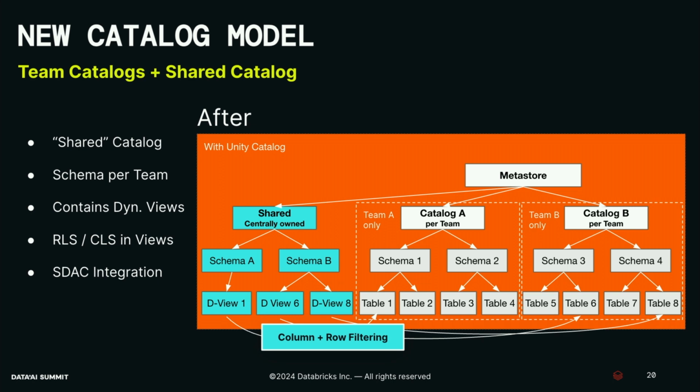So here, schema A corresponds to catalog A, and schema B corresponds to catalog B. And in these schemas, you have dynamic views for all the tables that are shared across the company. The cool thing is that the dynamic views do all the row-level and column-level security behind the scenes. And with the Aztec integration, we can update it and have a compliant data access framework.